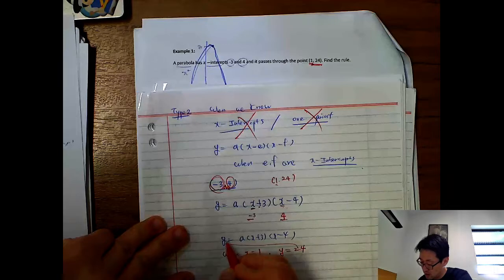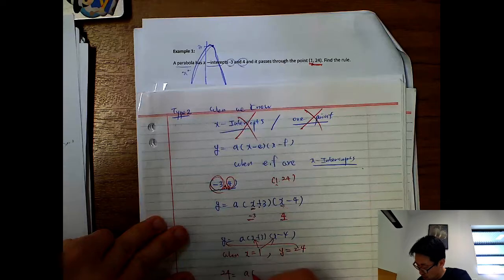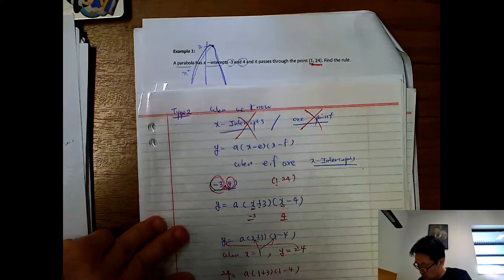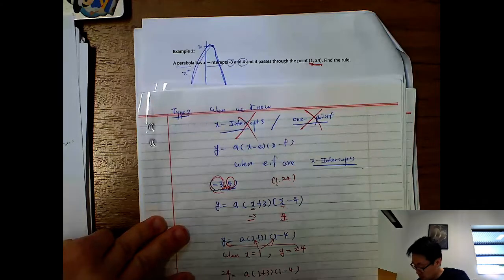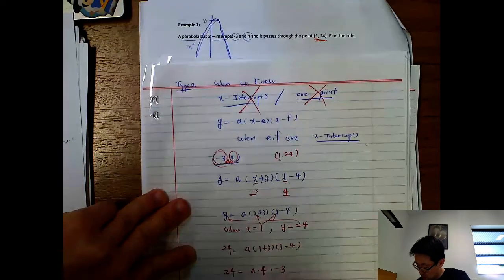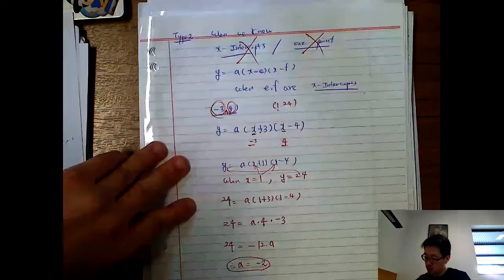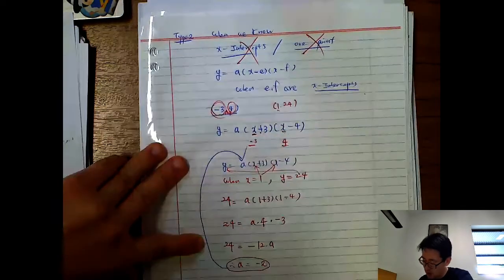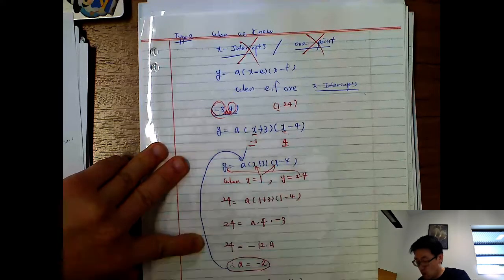I can plug in here: 24 equals a times 1 plus 3, which is 4, times 1 minus 4, which is minus 3. 24 equals minus 12a. Therefore, a is minus 2. All I need to do is go back and plug in: y equals minus 2, x plus 3, x minus 4.